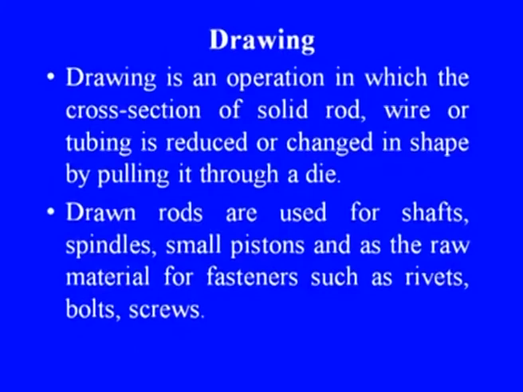Drawn rods are used for shafts, spindles, small pistons and as the raw material for fasteners such as rivets, bolts and screws. Drawing also improves strength and hardness when these properties are to be developed by cold work and not by subsequent heat treatment.